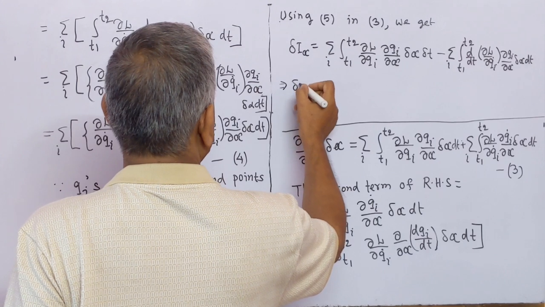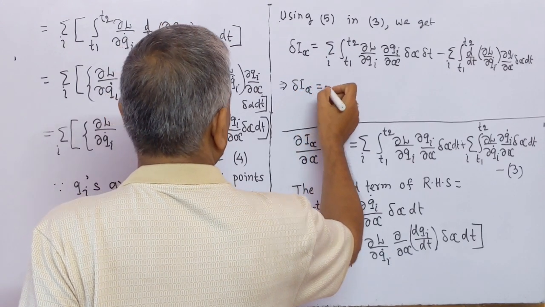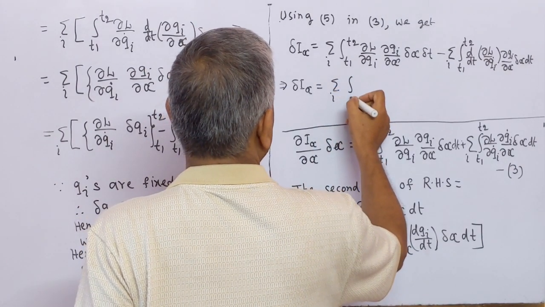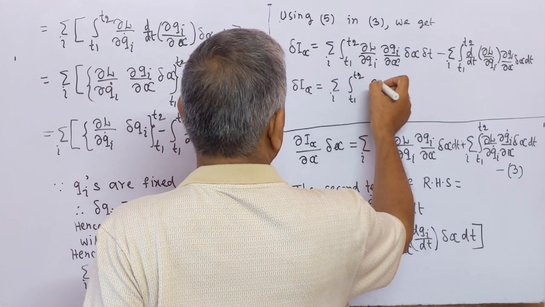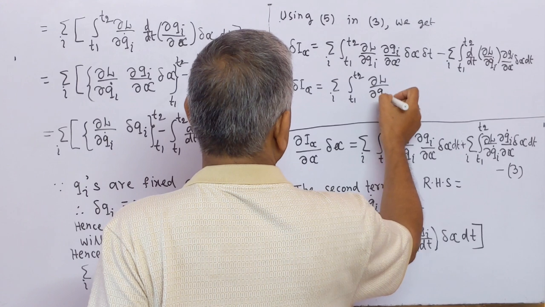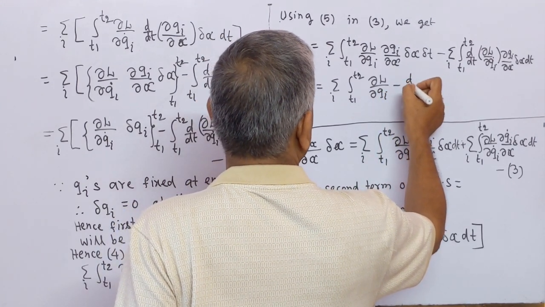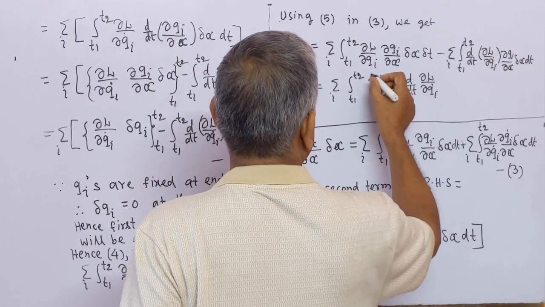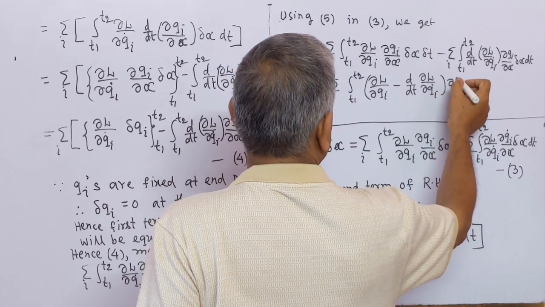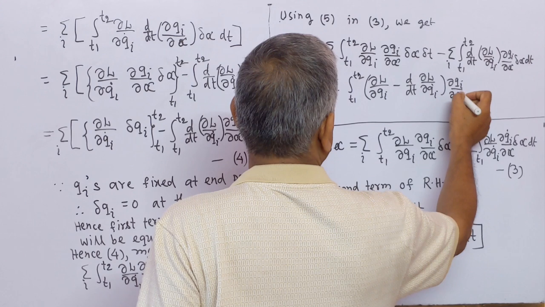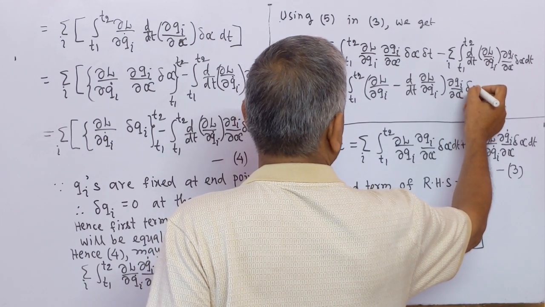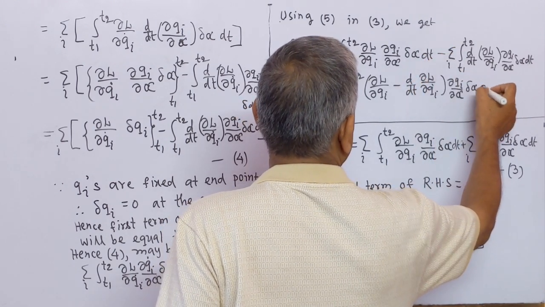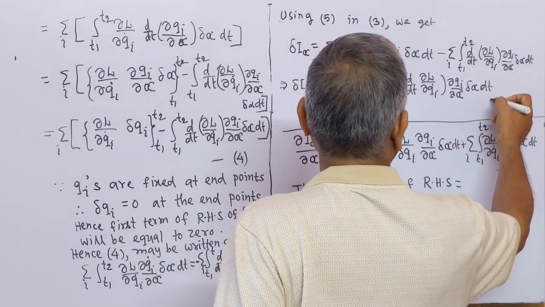This implies that delta I(alpha) equals sigma i integral from t1 to t2 of partial derivative of L with respect to qi minus d by dt partial derivative of L with respect to qi dot, times partial derivative of qi with respect to alpha delta alpha, dt. This is number 6.